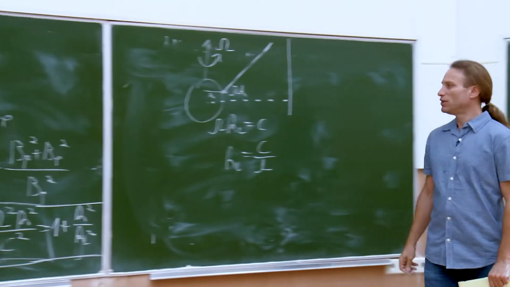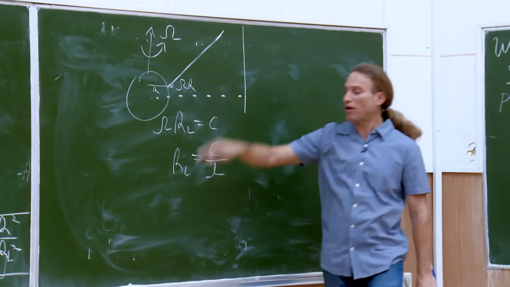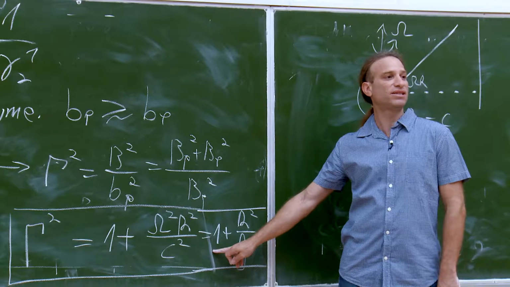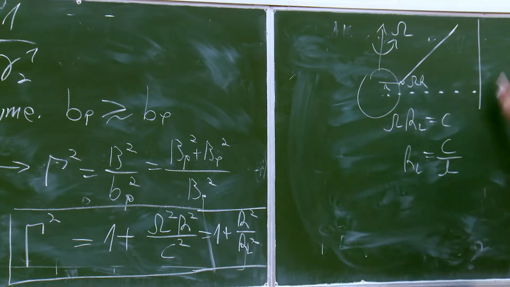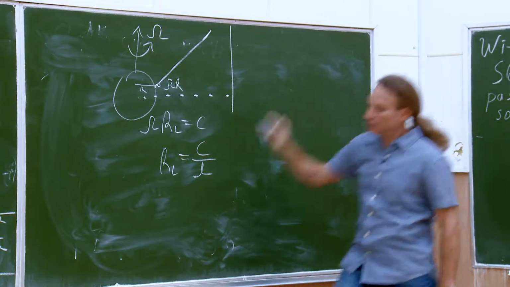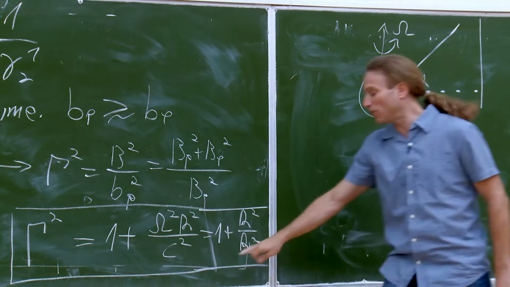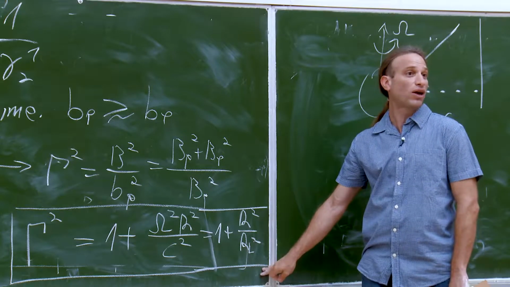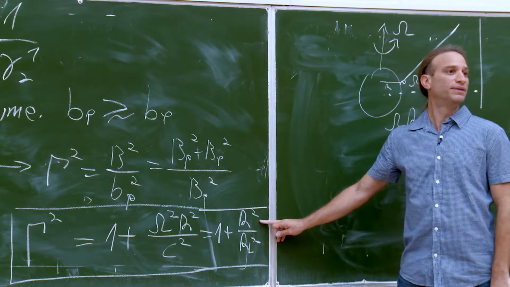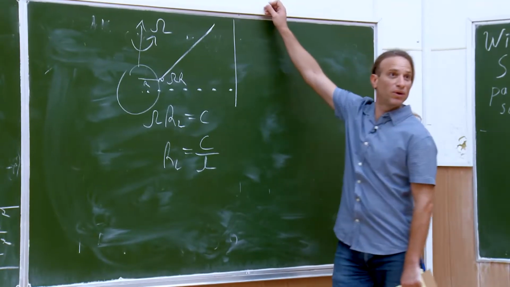When I'm in a location where r is much smaller than RL, gamma is roughly 1. It doesn't change. When I'm much further away from the light cylinder, this quantity is much larger than 1, and gamma square is roughly equal to r square divided by RL square, or gamma is proportional to r. So I'm accelerating linearly with the radius.